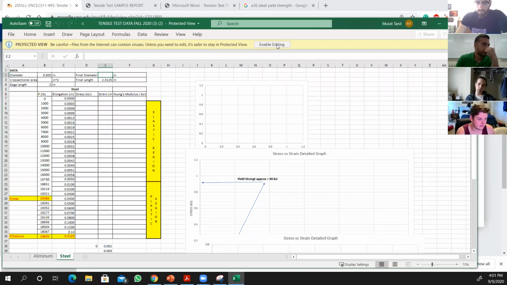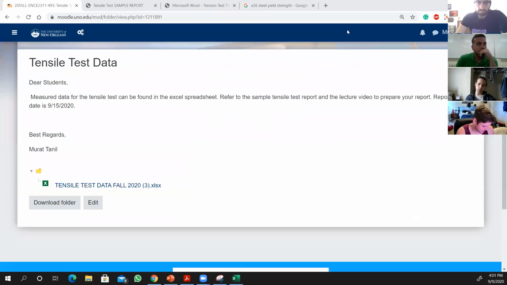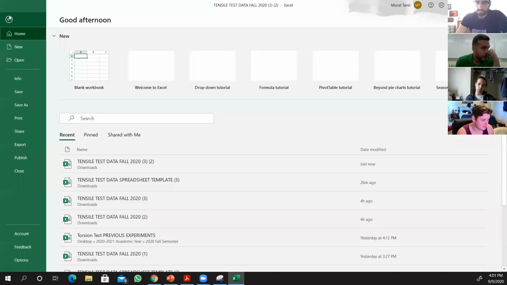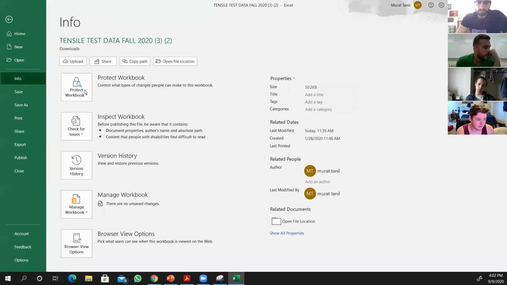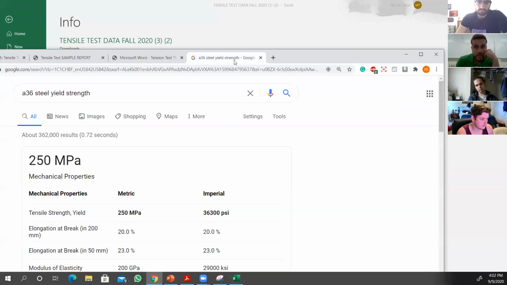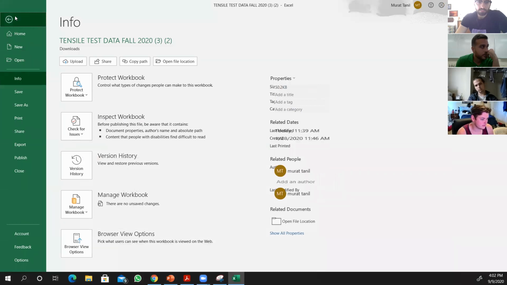I changed things on this spreadsheet today. I modified it today at 11:39 because I found out that I had uploaded the solution for steel, so it included my solution.